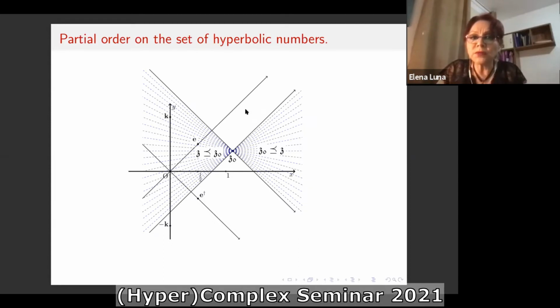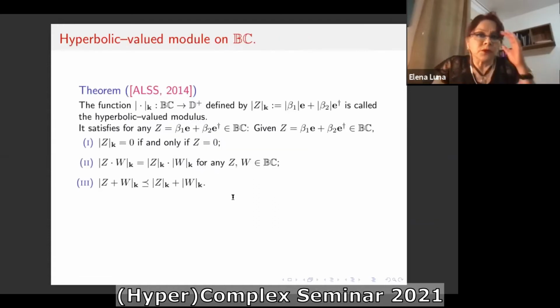And of course, the numbers that belong to the upper and lower cones are not related with Z0.